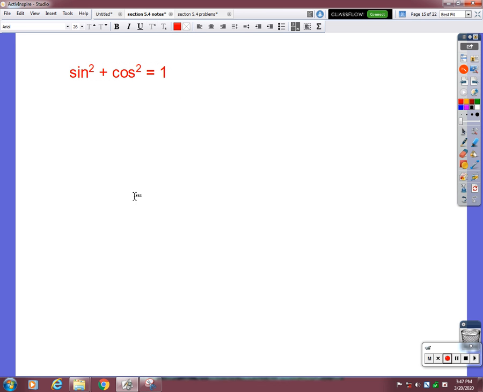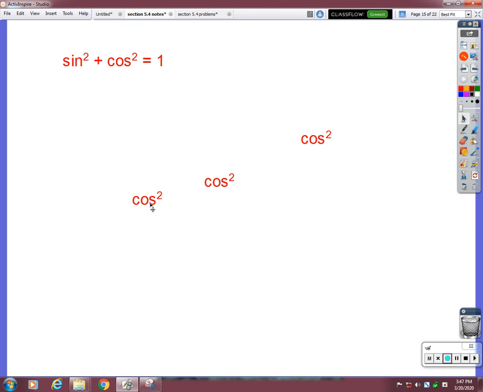The first thing that I can do is go through and divide everything by cosine squared. So let me get some cosine squareds up here on the screen, and let's see what happens if we divide all of these individual terms by cosine squared.